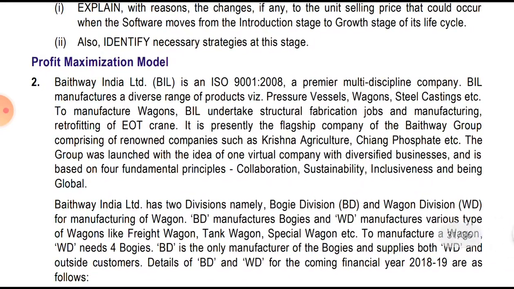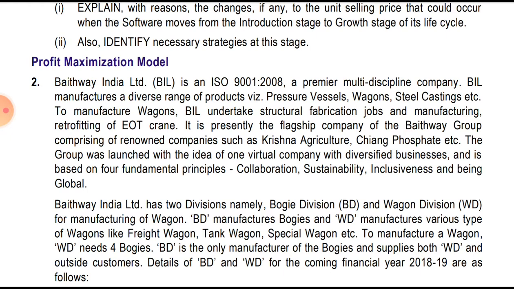Profit maximization model. Bathway India Limited is an ISO 9001-2008, a premier multi-discipline company. BIL manufactures a diverse range of products such as pressure vessels, wagons, steel casting. To manufacture the wagon, BIL undertakes structural fabrication jobs and manufacturing and retrofitting of EOT cranes.